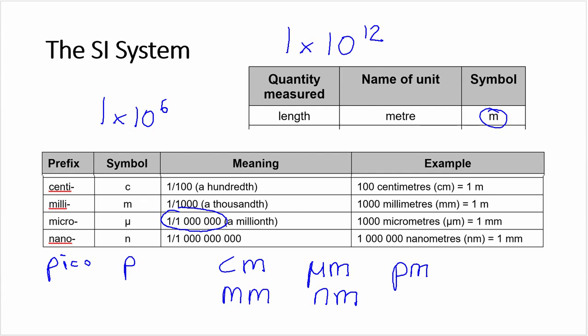So what's happened here is, as we've gone down this column, we've added 3 zeros, we've added 3 zeros, and for a picometer we'd add a further 3 zeros. So in a picometer there's 1, 2, 3, 4 sets of zeros. 4 times 3 is 12, so a picometer is 1 times 10 to the power of 12.